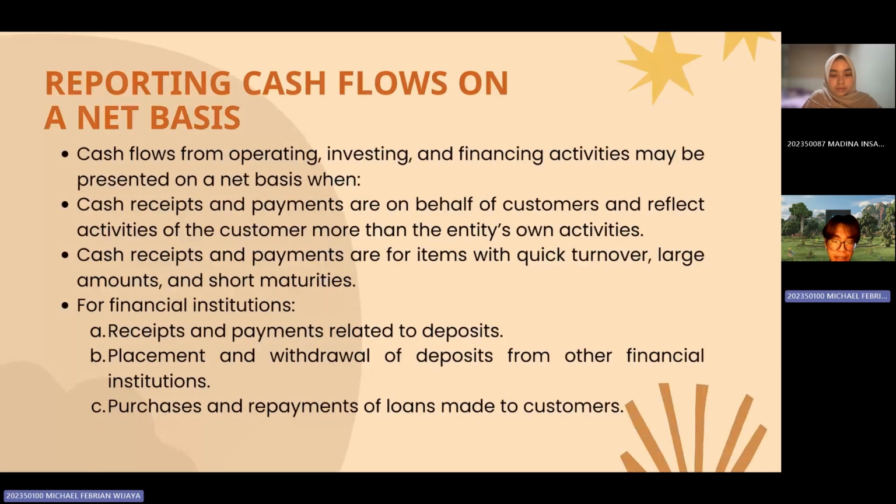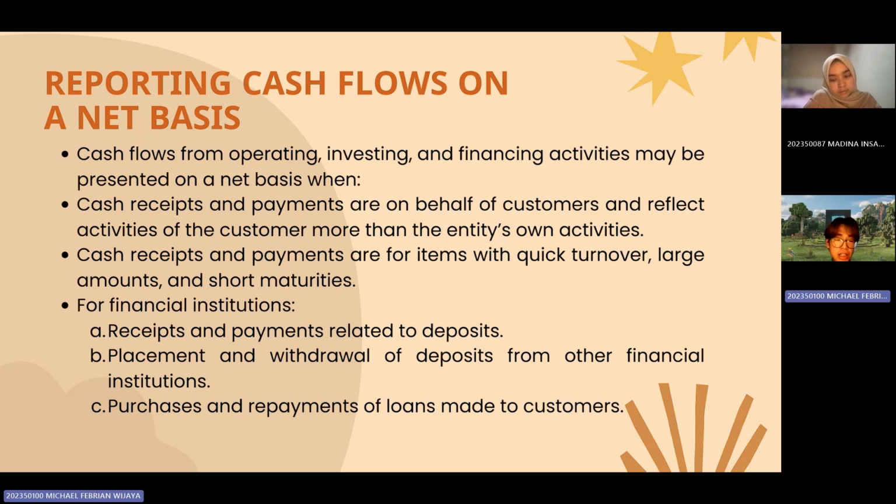Okay, the next one is reporting cash flows on a net basis. Cash flows from operating, investing, and financing activities may be presented on a net basis when, the first one, cash receipts and payments are on behalf of customers and reflect activities of the customer more than the entity's own activities. The second one is cash receipts and payments for items with quick turnover, large amounts, and short maturities.